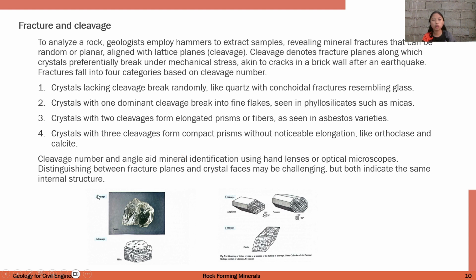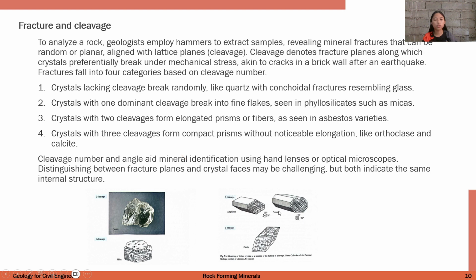Second, crystals with one dominant cleavage break into fine flakes, seen in phyllosilicates such as micas, which is this, 1 cleavage. Third, crystals with 2 cleavages form elongated prisms or fibers as seen in asbestos varieties. So, form siya elongated prisms.